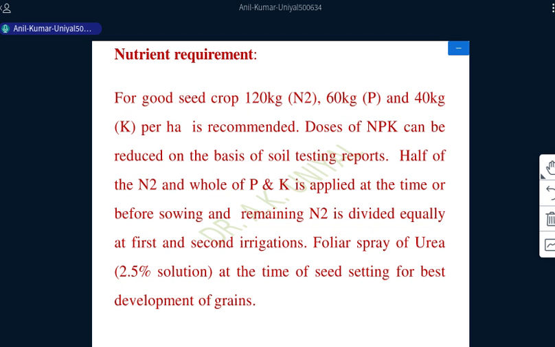Half the quantity of nitrogen and the full quantity of phosphorus and potassium is applied at the time of sowing or sometime before sowing, and the remaining nitrogen is divided equally at the first and second irrigations. Foliar spray of urea at 2.5% solution is applied at the time of seed setting for best development of grains.